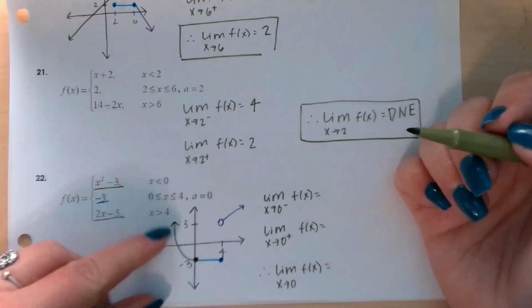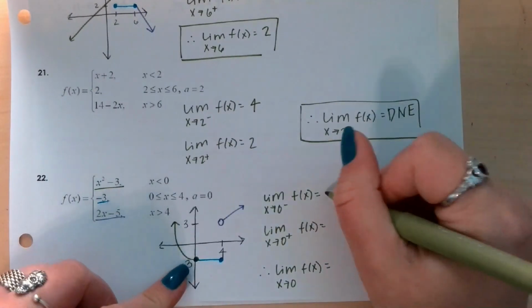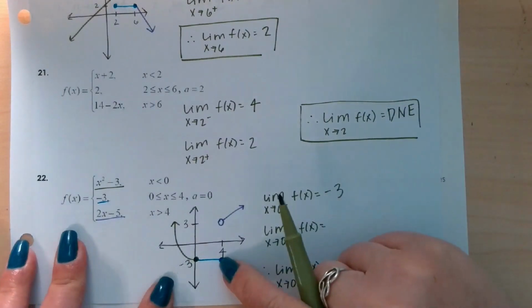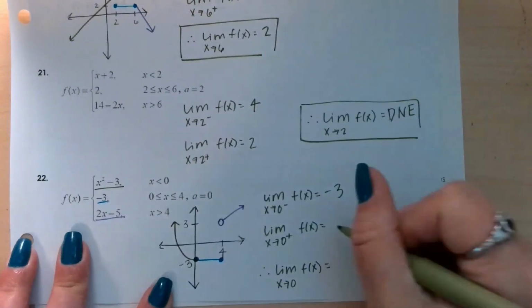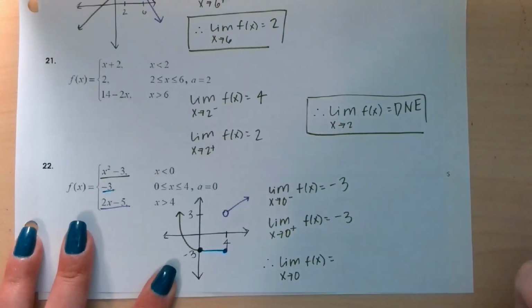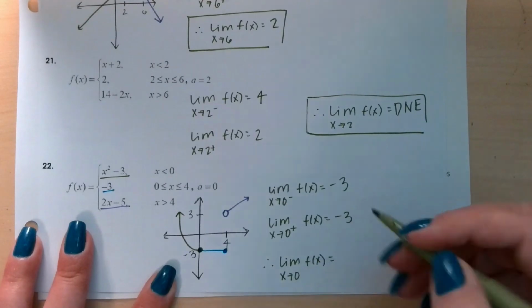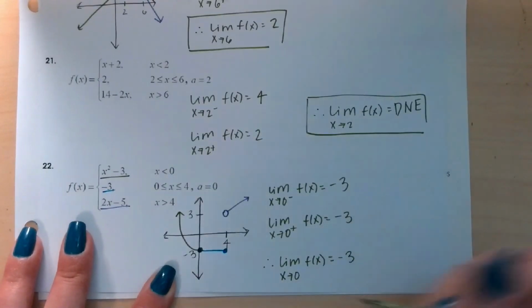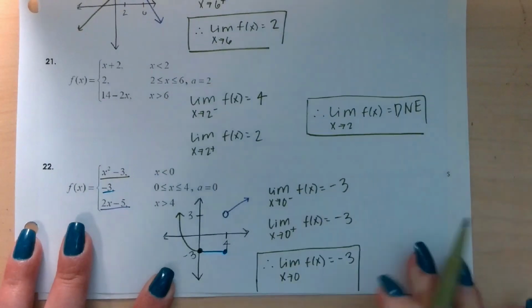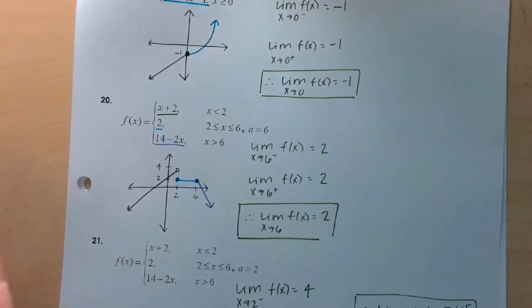So we're going to come down. That's going to give us -3. Now we need to approach 0 from the right. Again, we're going to get -3. So since our left and right limits are the same, our limit as x approaches 0 is going to be -3.